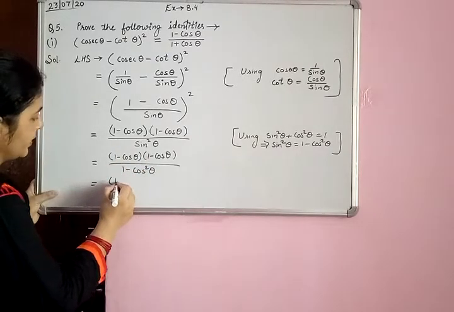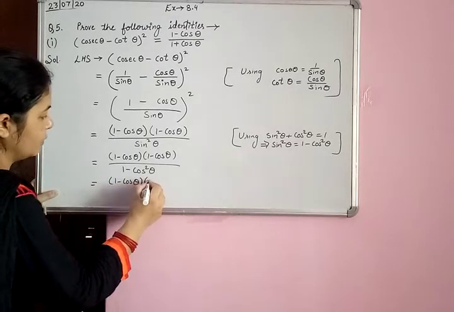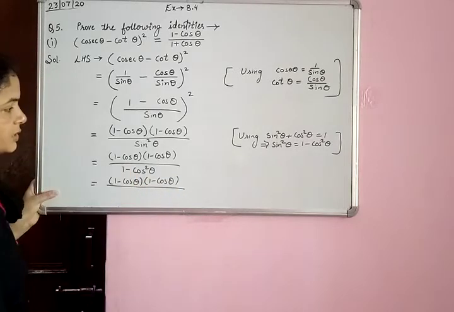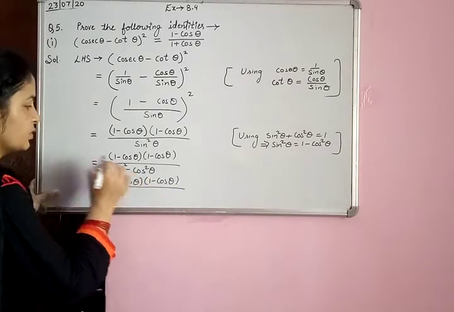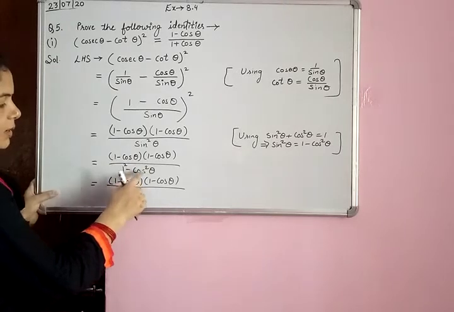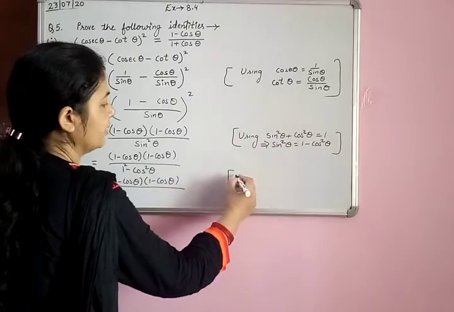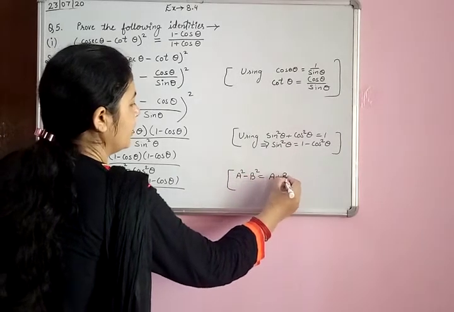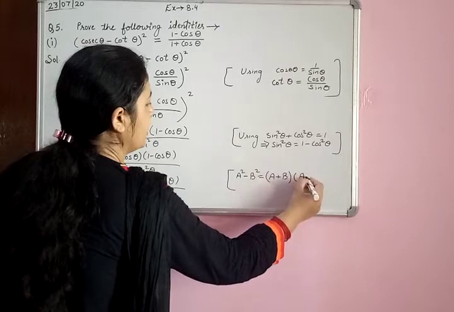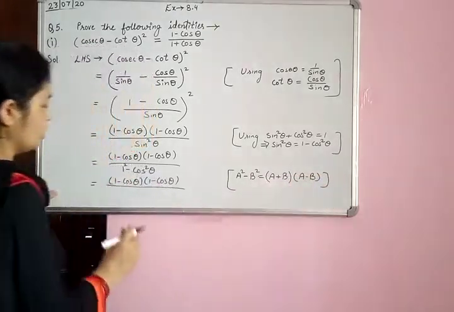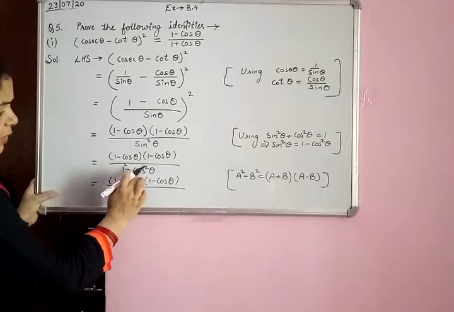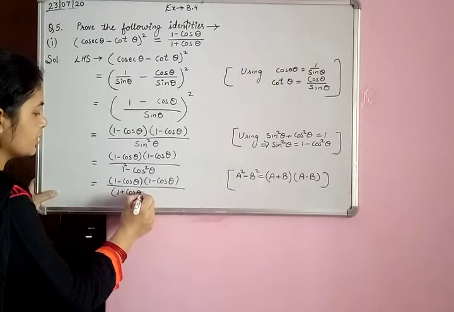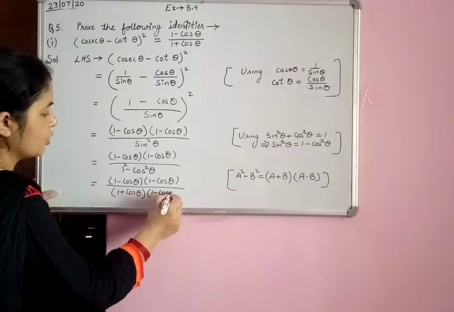Okay, now look at here. (1 minus cos theta) into (1 minus cos theta) upon (1 minus cos square theta). I can write 1 as 1 square. Now using a square minus b square is equal to (a plus b) into (a minus b), 1 square minus cos square theta is equal to (1 plus cos theta) into (1 minus cos theta).